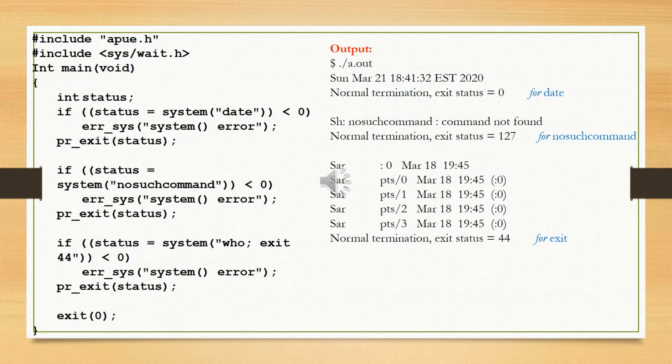Once again, call exit status of 44. Nothing but it should be called once again the error function. Exit status of 44 is there, nothing but it is less than 0. Then you call the error function and the predefined exit function for exit of the program.